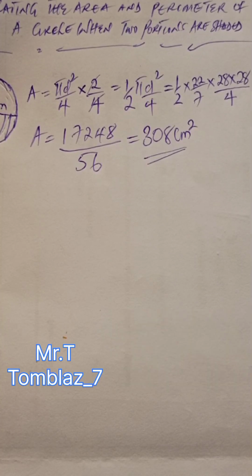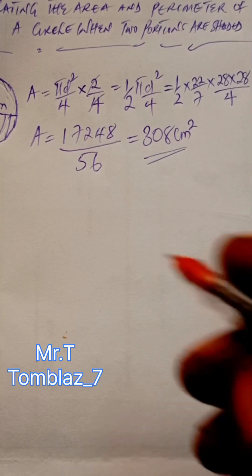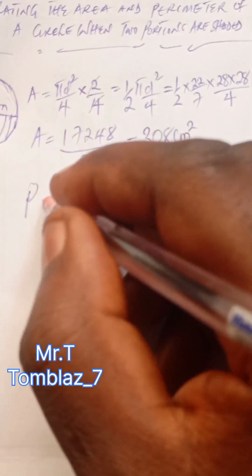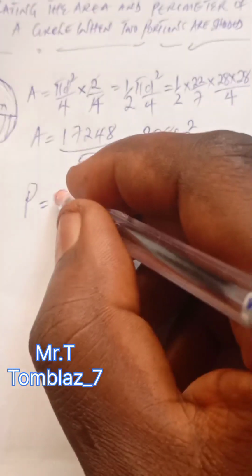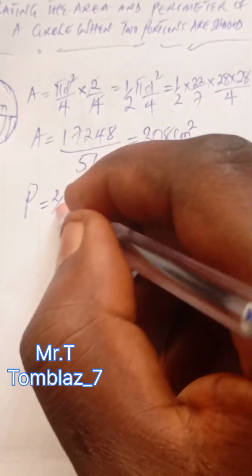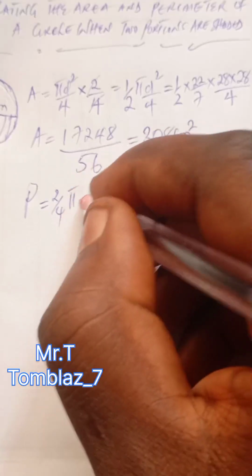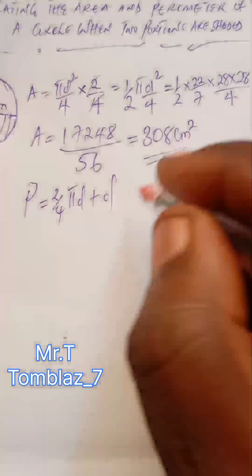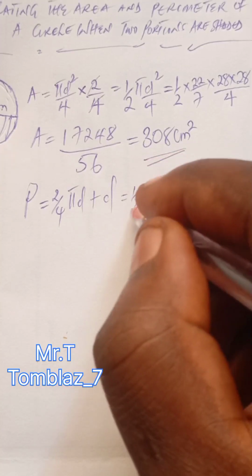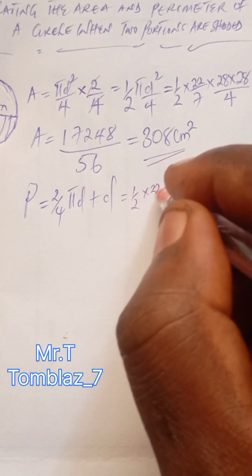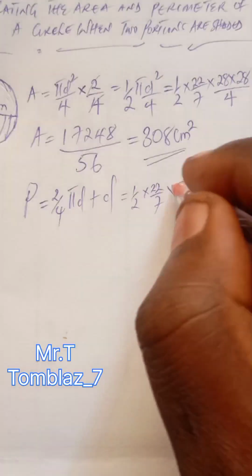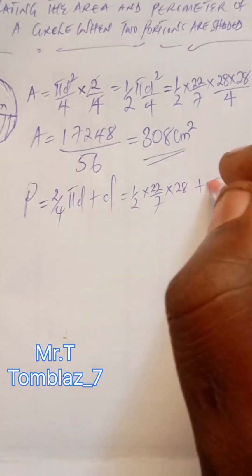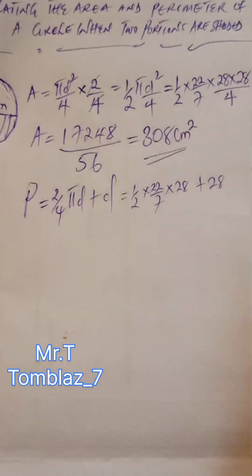Okay, so let's find the perimeter of this shape. If we are using pi d, we'll have 2 over 4 again, then pi d plus d. So we'll have 1 over 2 times 22 over 7 times 28, plus 28.